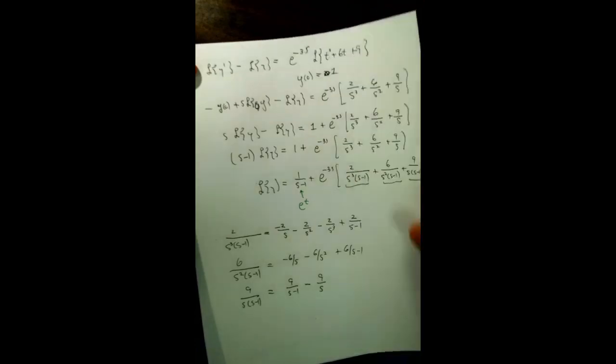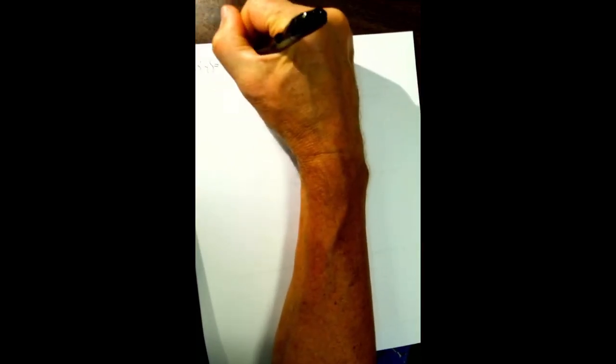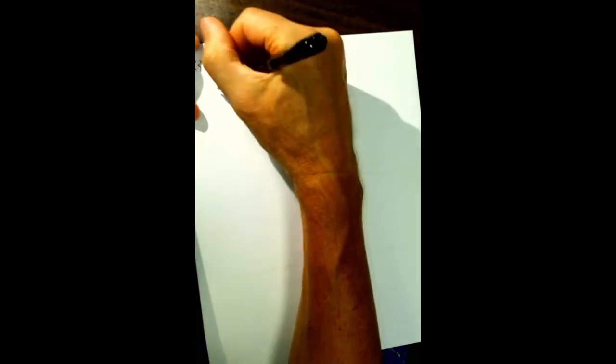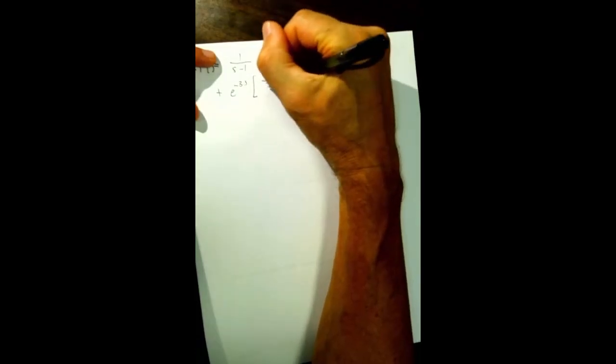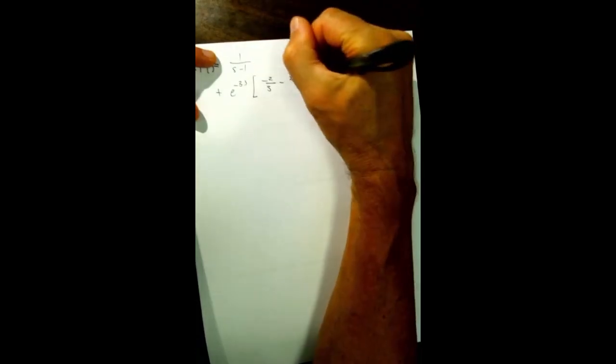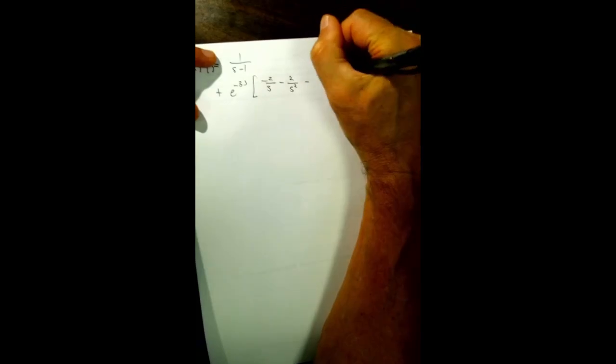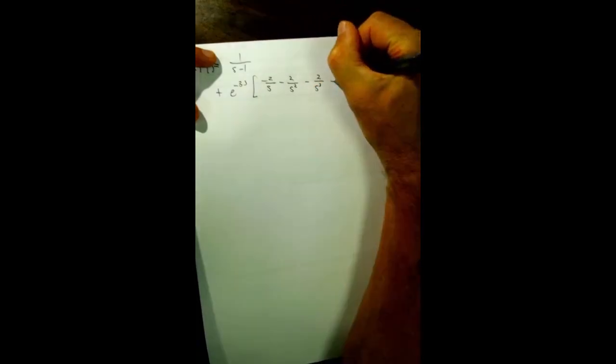So what does that mean? That means the Laplace transform of y is 1 over s minus 1 plus e to the minus 3s times minus 2 over s, minus 2 over s squared, minus 2 over s cubed, plus 2 over s minus 1.